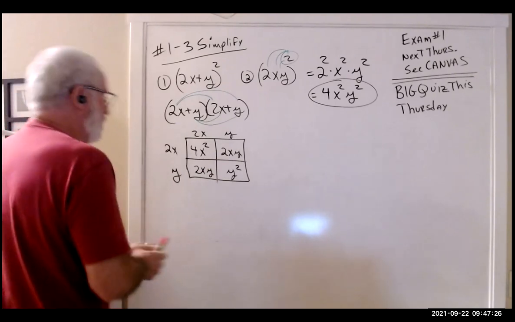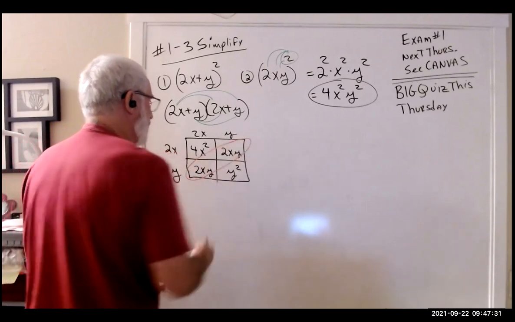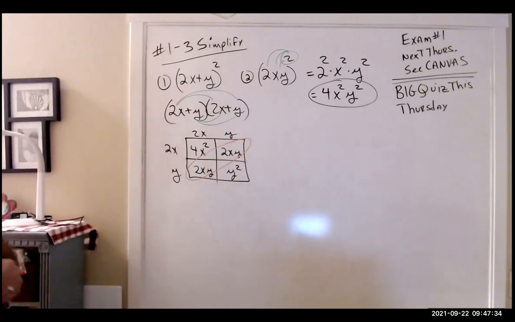Then we always look for like terms, and if you use the box method, like terms will almost always be on a diagonal like that.